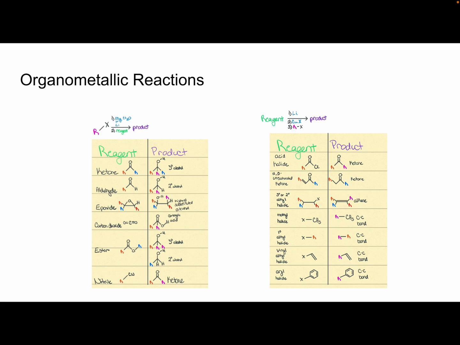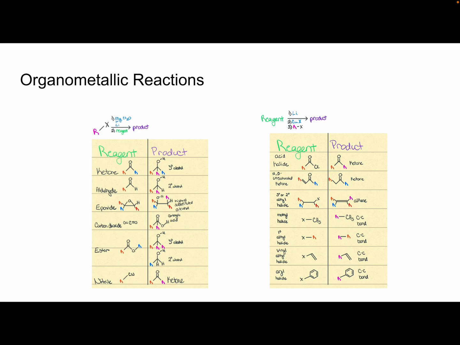For example, if you have a ketone, you're going to end up with a tertiary alcohol by adding on an additional carbon that's coming from your alkyl halide shown above, and then your double bonded oxygen will kick off to become an OH. And on down, you can read the rest of them. Ester is the only one that's a little bit weird in there. It actually will give you two different products because you have two different side chains with your R groups.